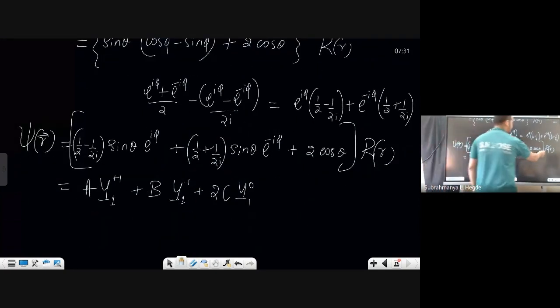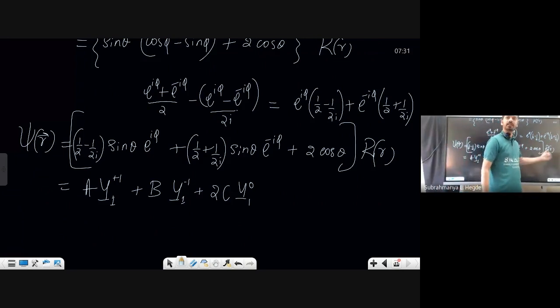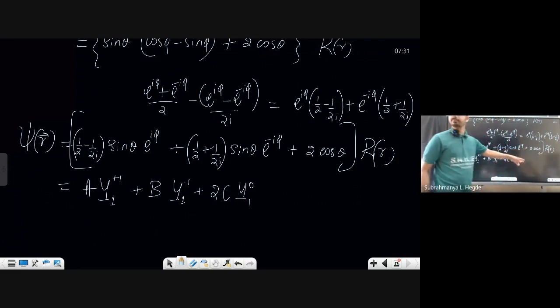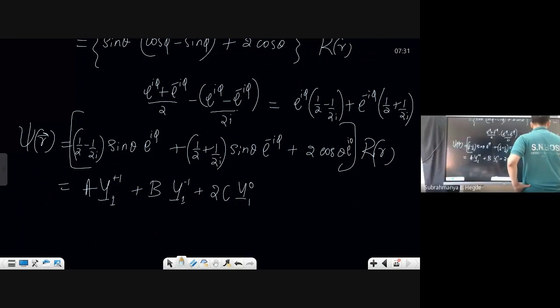There is no e power i m phi along with cos theta. When m equal to 0, associated Legendre functions and Legendre polynomials are the same. We can even express 2 cos theta as 2 cos theta into e power i into 0 into phi.